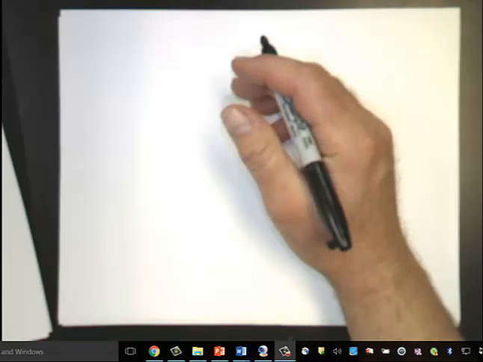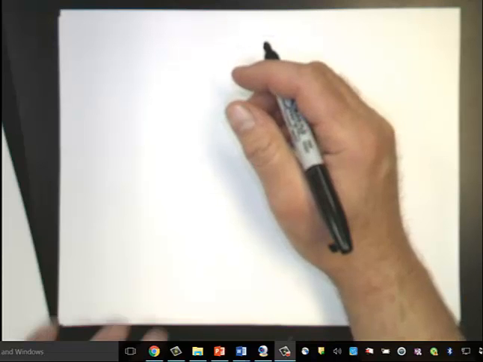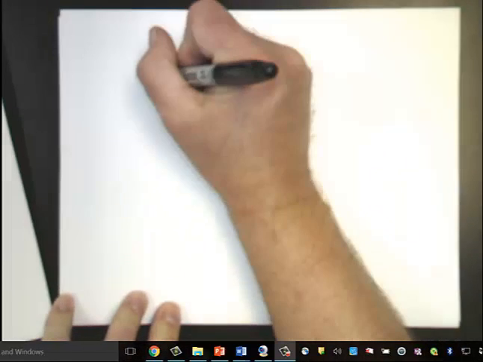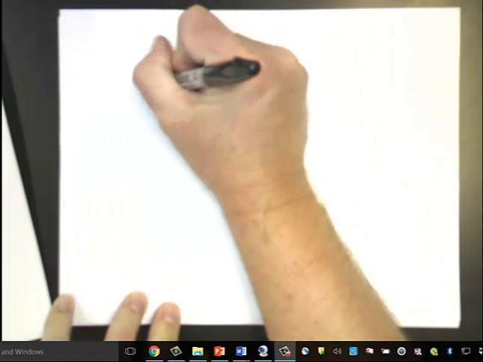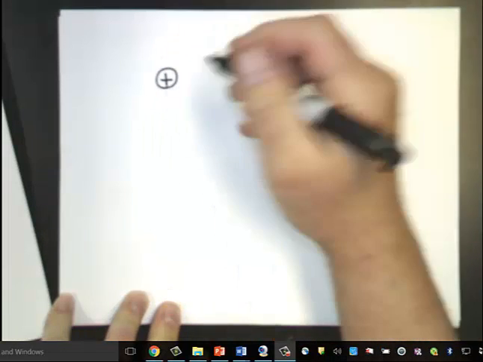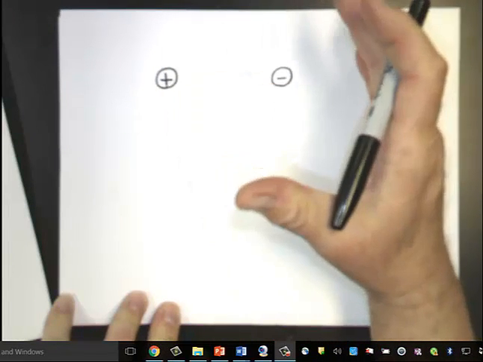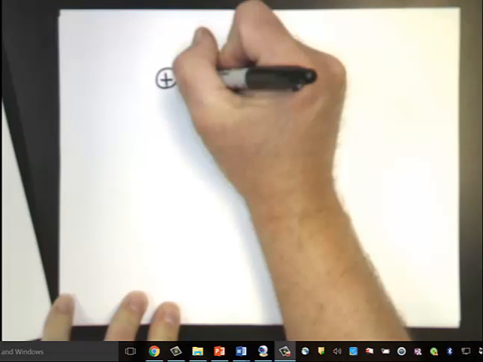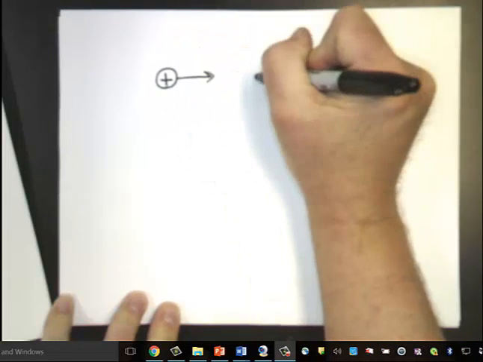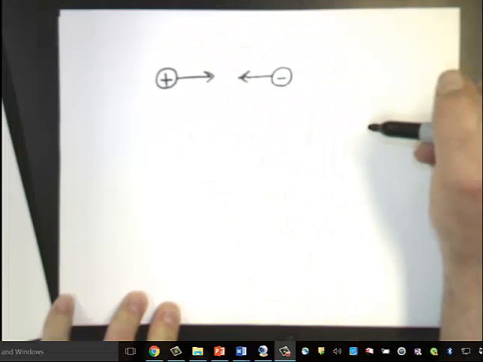So a couple of concepts have to be brought out that you already know. For example, the concept of charge. If an object is positively charged, another object is negatively charged, we know those two objects attract because unlike charges cause an electrical attraction between the two.